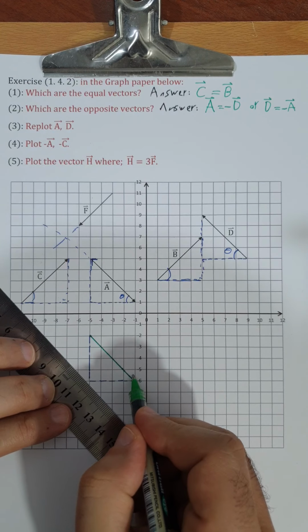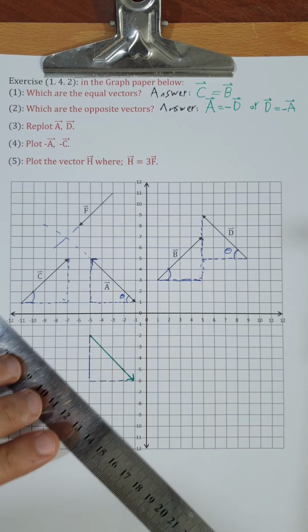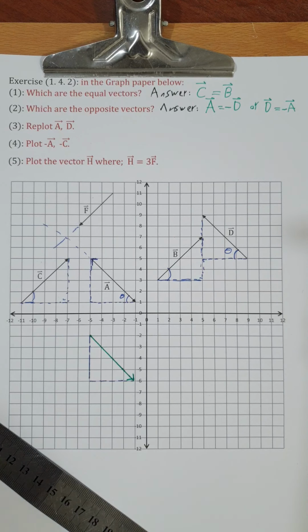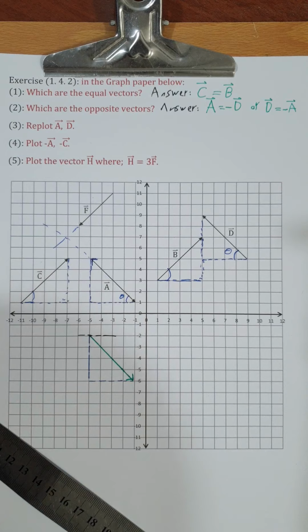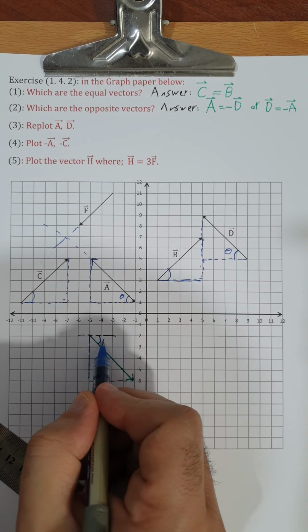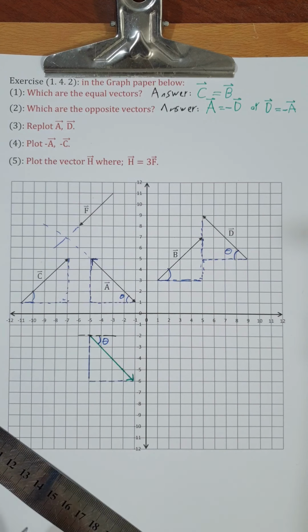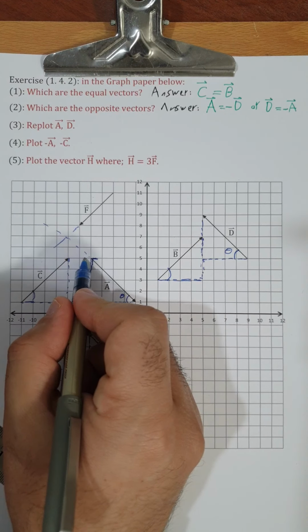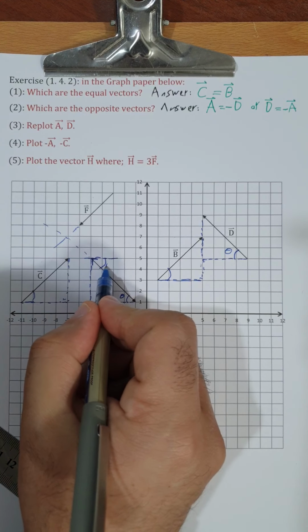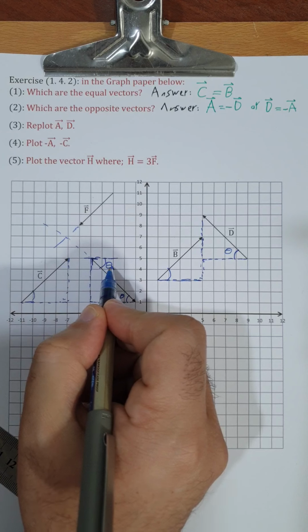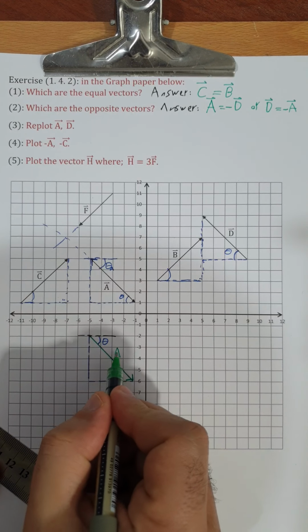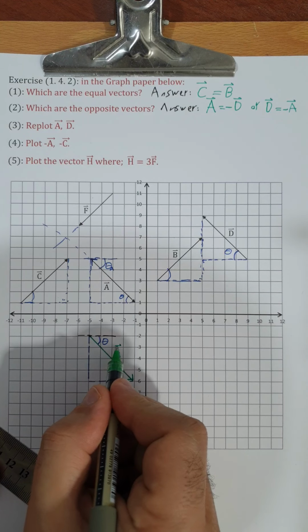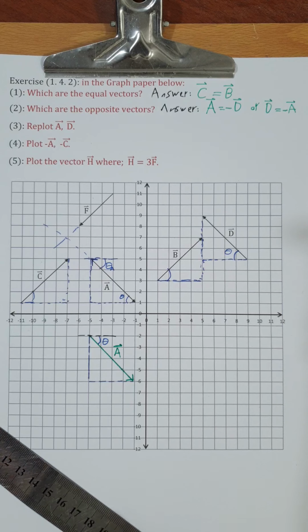This is the southeast direction, and this theta A is also at the southeast direction. So this is an exact copy, with the same magnitude and the same direction.